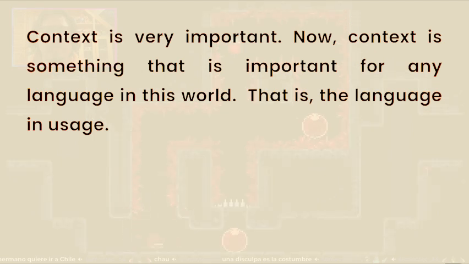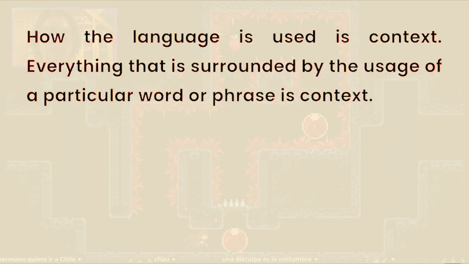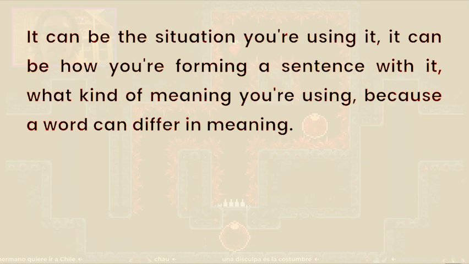That is, the language in usage. How the language is used is context. Everything that is surrounded by the usage of a particular word or phrase is context. It can be the situation you're using it. It can be how you're forming a sentence with it, what kind of meaning you're using, because a word can differ in meaning.